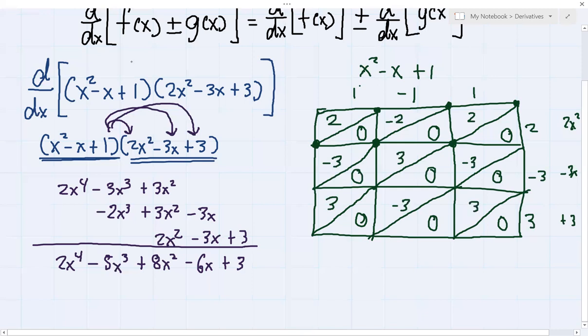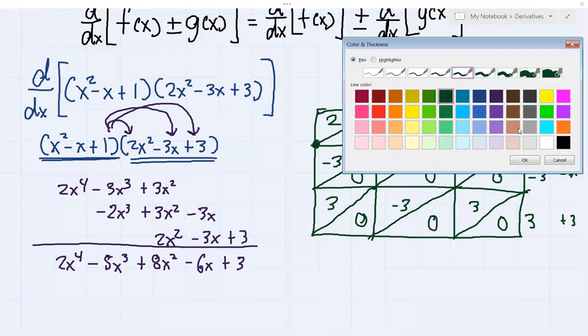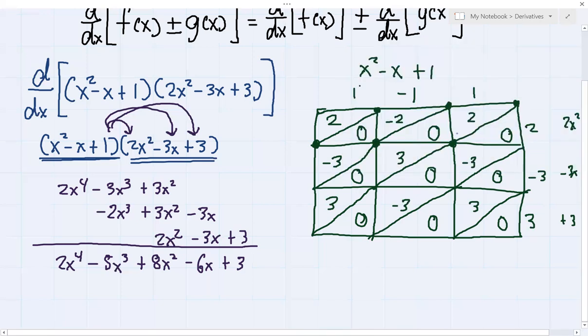So, that's okay. Now, what to do? Now, combine them by adding them. Here's the question: how would you add them? You follow the trace, the flow of the diagonal lines.